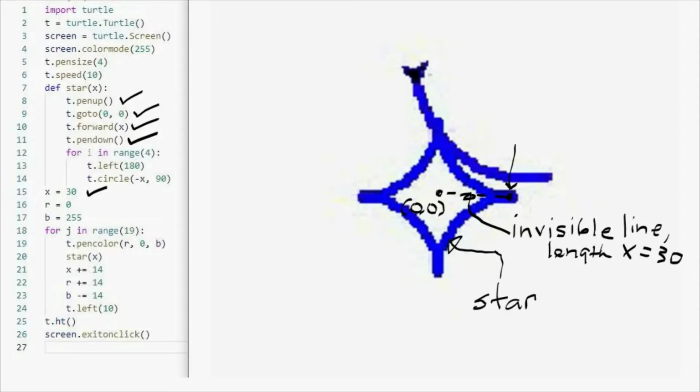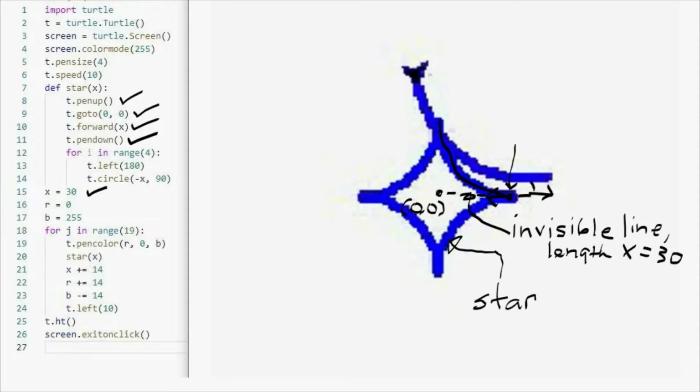And this is the first arc we are going to draw here. And how do we draw that? Note that the orientation of the turtle at this point is like this. But we want the orientation of the turtle to be like this, opposite.